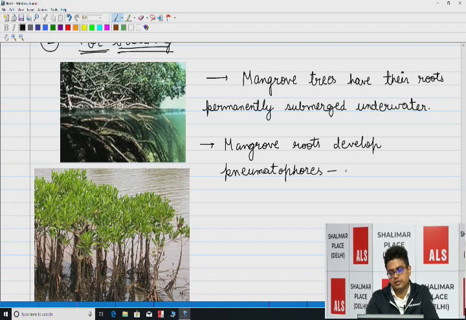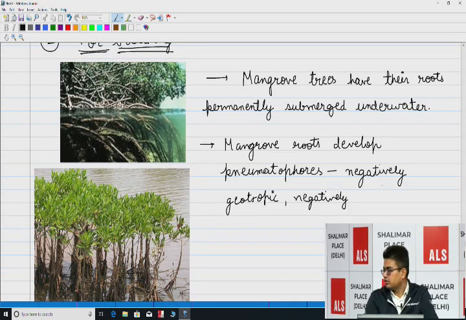Pneumatophores are negatively geotropic, negatively hydrotropic roots. They run away from water.